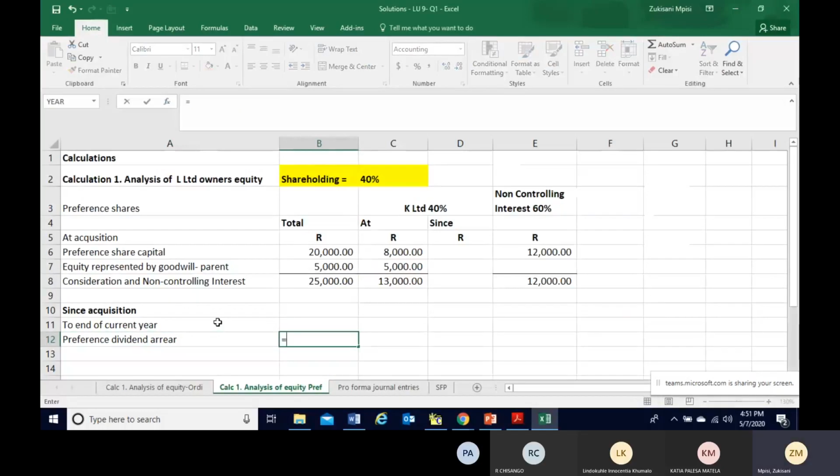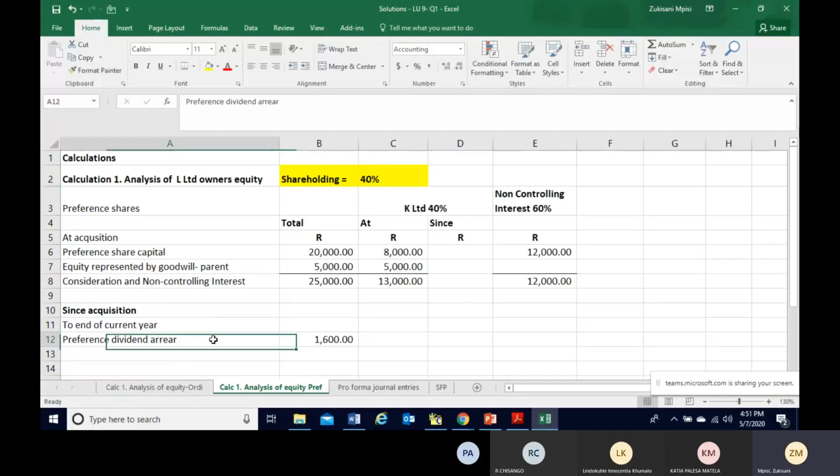The total is 20,000 multiplied by 8%, which is 1,600.